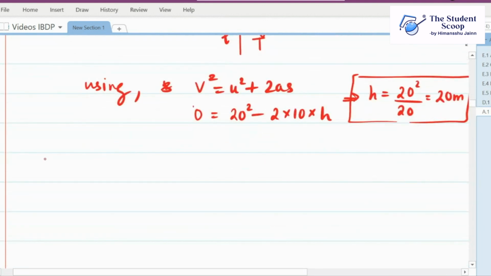Apart from this, from B to C, we can again make a table for the SVUAT equation. We're talking about the y direction.